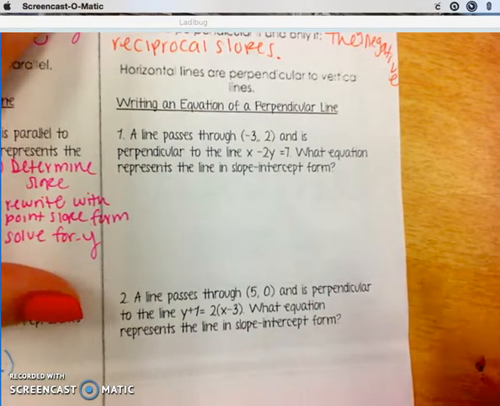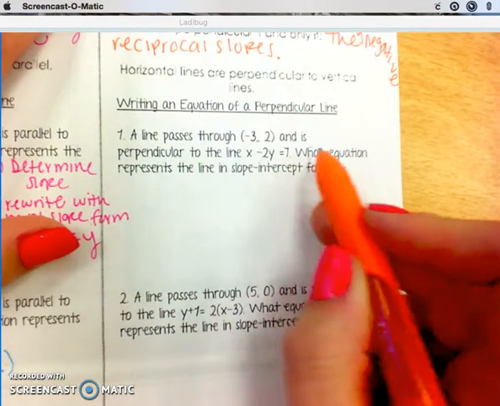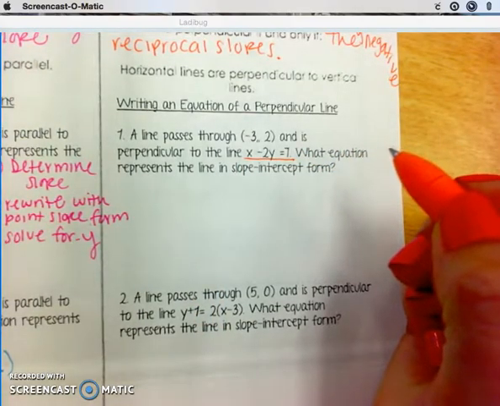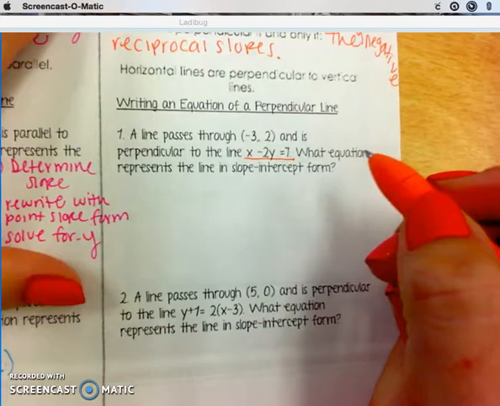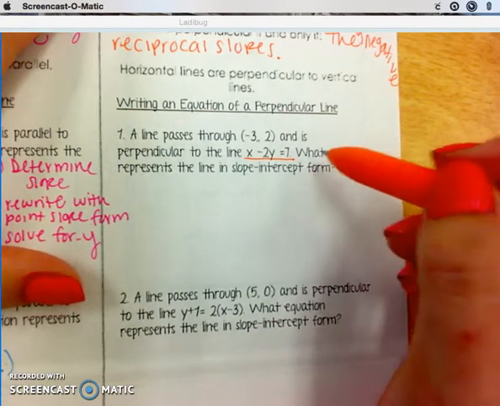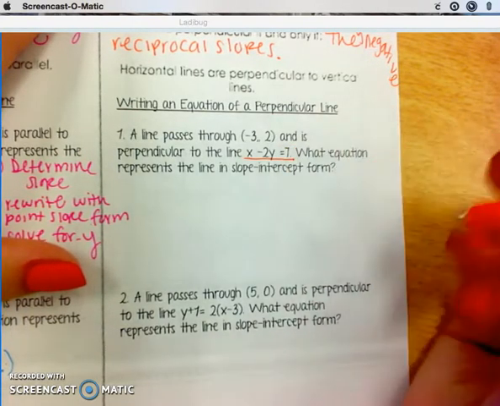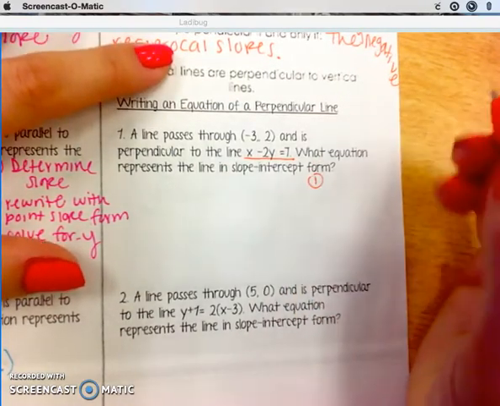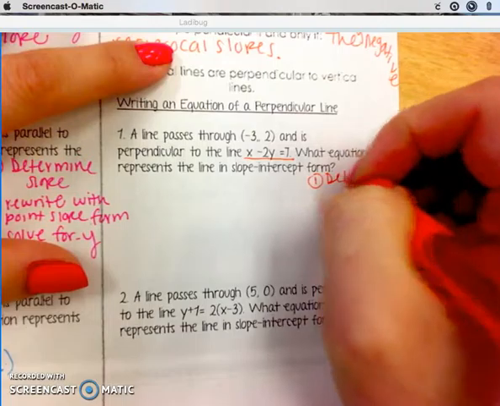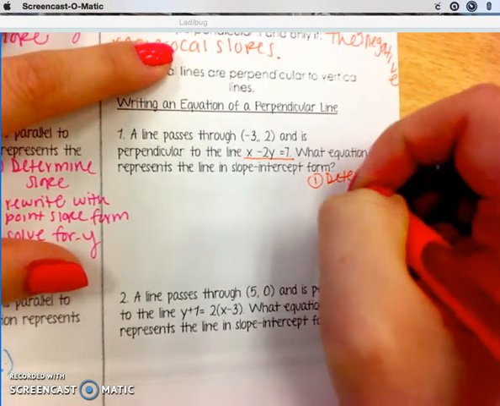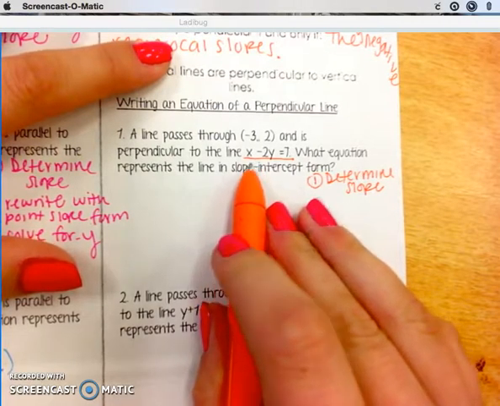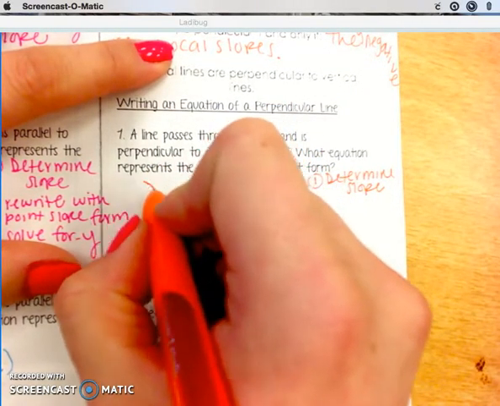The line that passes through this point and is perpendicular to this line, which happens to be in standard form. So the first thing we need to do is determine the slope. I don't know the slope here, so I'm going to have to solve for y.